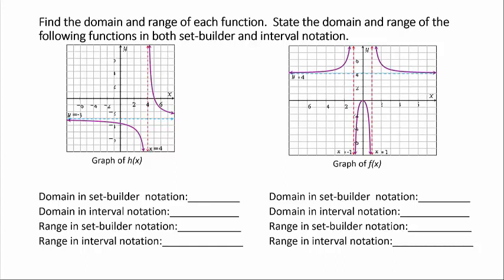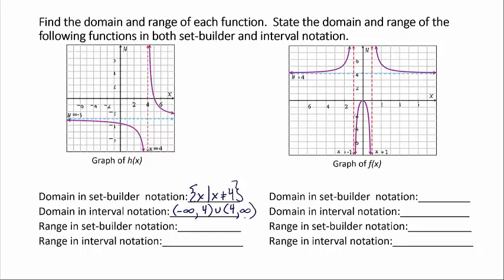So we have to exclude it from the domain. For this graph, I would say the domain is the set of all x such that x cannot be 4, because that's where our vertical asymptote is. And in interval notation, I would say negative infinity up to 4 in union with 4 to positive infinity.